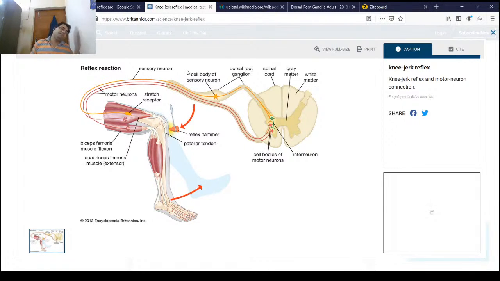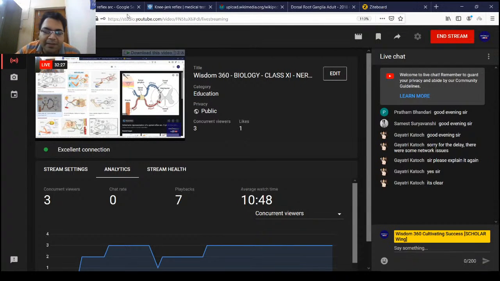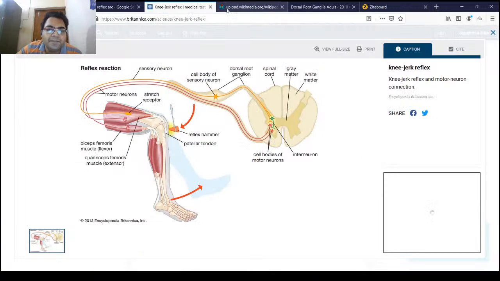The response time will be checked, whether it is adequate or delayed, and based on that, the nerve conduction velocity can also be estimated, whether it is too slow or completely adequate.